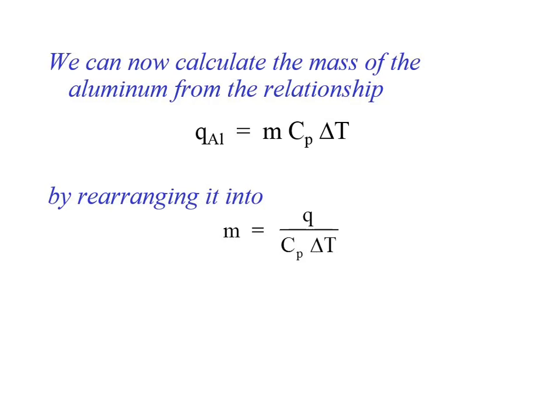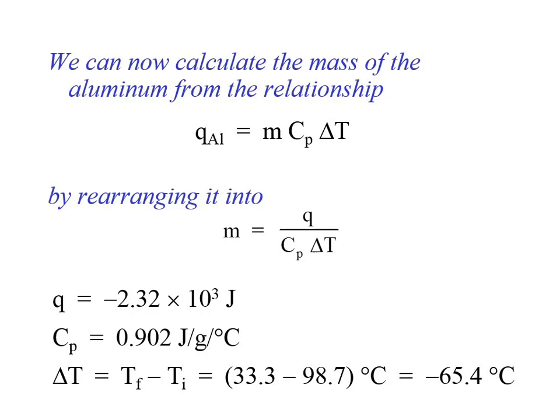But here I am going to rearrange and plug in. So what's all the stuff now about the aluminum, not the water, the aluminum? Well, Q of the aluminum, and my answer key would put a little subscript Al there, we decided was negative 2,320 joules. Specific heat was given, 0.902 joules per gram degree Celsius.